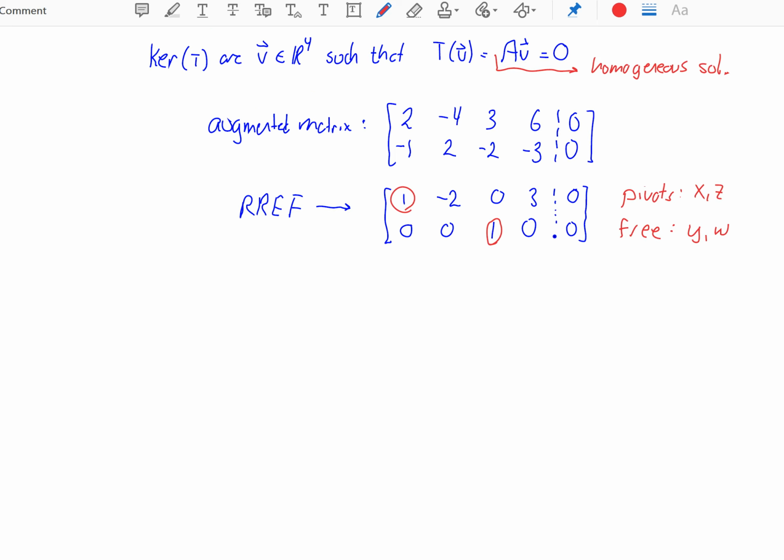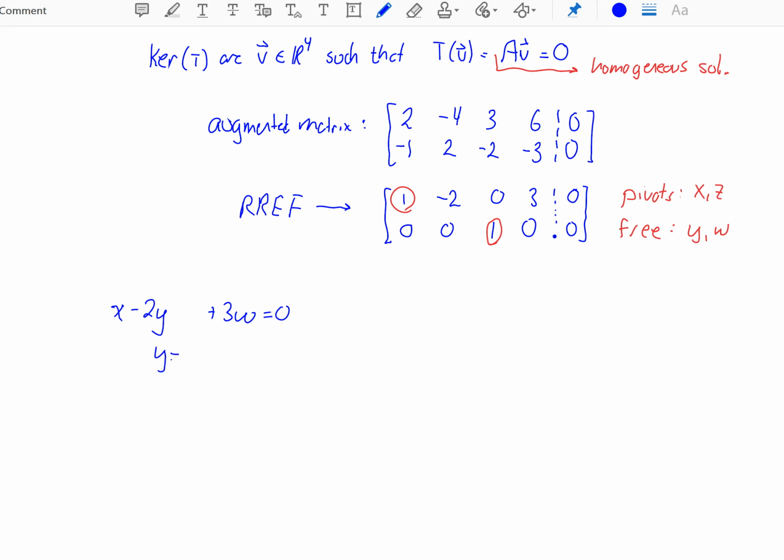The way we did this in chapter 3 is we now wrote our matrix of RREF back as a system of equations. And this would be written as x minus 2y plus 3w equals 0. Now I'm going to write the next variable y.